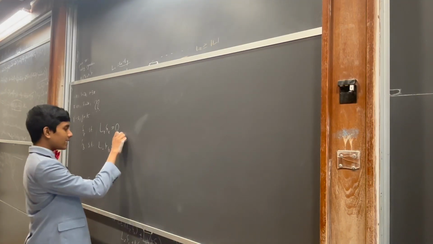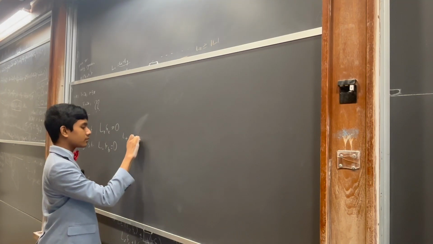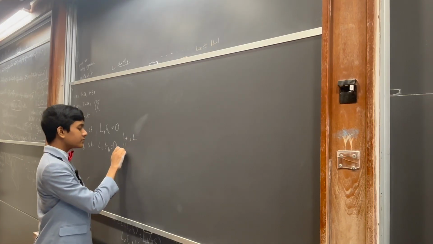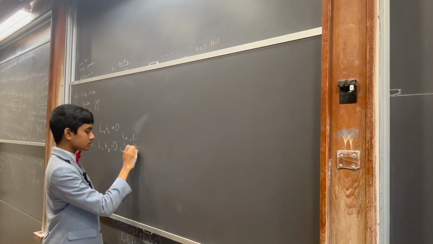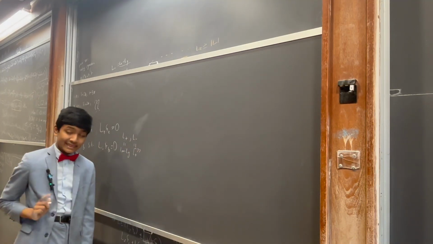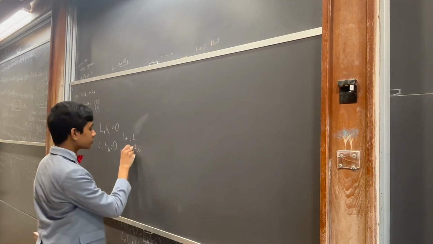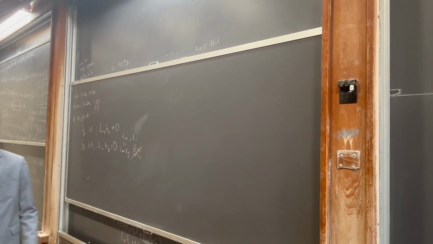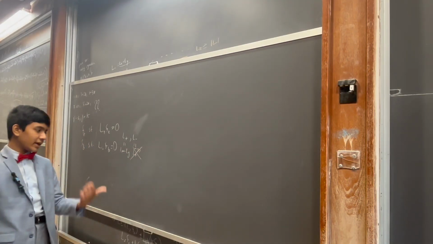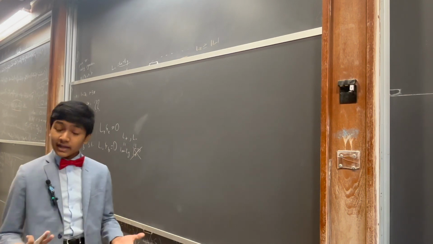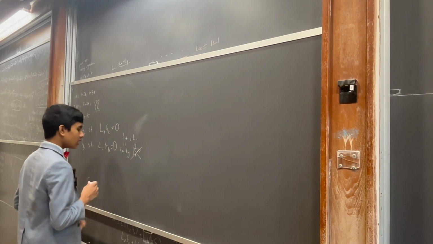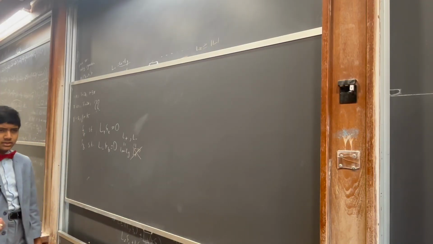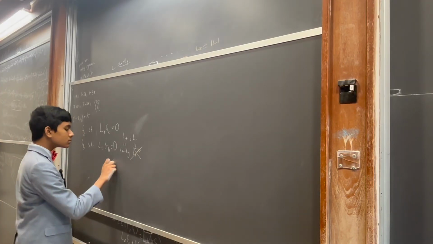L plus and L minus are tricky operators, because it kind of looks like one is the conjugate of the other. But that is actually untrue. Yes, they are technically the conjugates of one another if Lx and Ly were scalars, but Lx and Ly are not scalars.